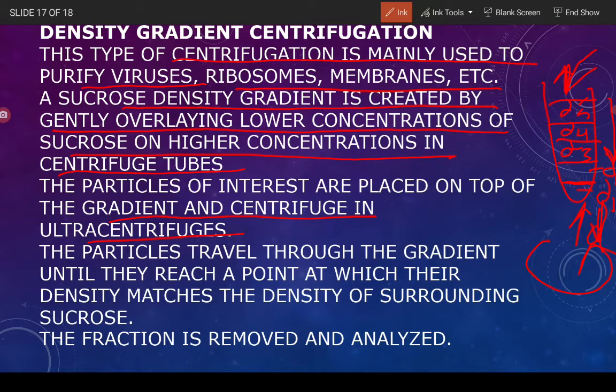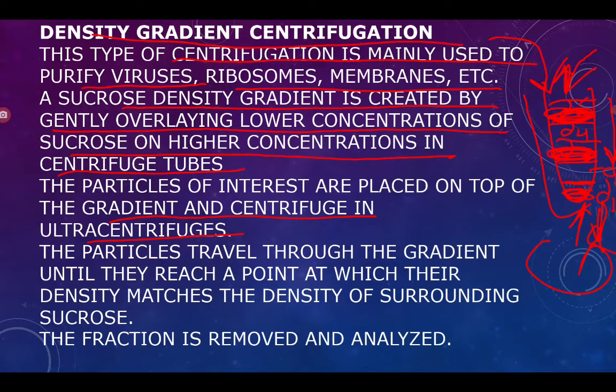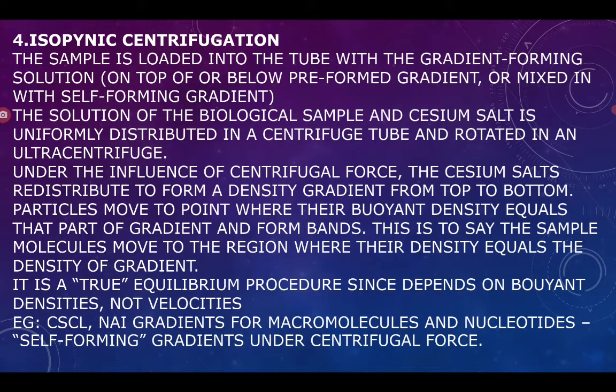So the molecules which have density equal to D3 will sediment here, and the molecules which have density equal to D5 will sediment here, and the molecules which have high density like D1 will sediment here. So in this fashion, by density gradient centrifugation, we can separate molecules of different densities through the same process, right? And then they can be separated and studied.